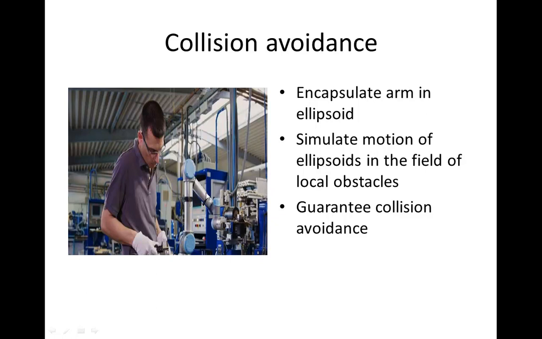Here's a picture of a Universal Robots arm, and you can see that it can be quite efficiently encapsulated in an ellipsoid. Then you can simulate the motion of the ellipsoids in the field of the local obstacles, and this will guarantee collision avoidance.